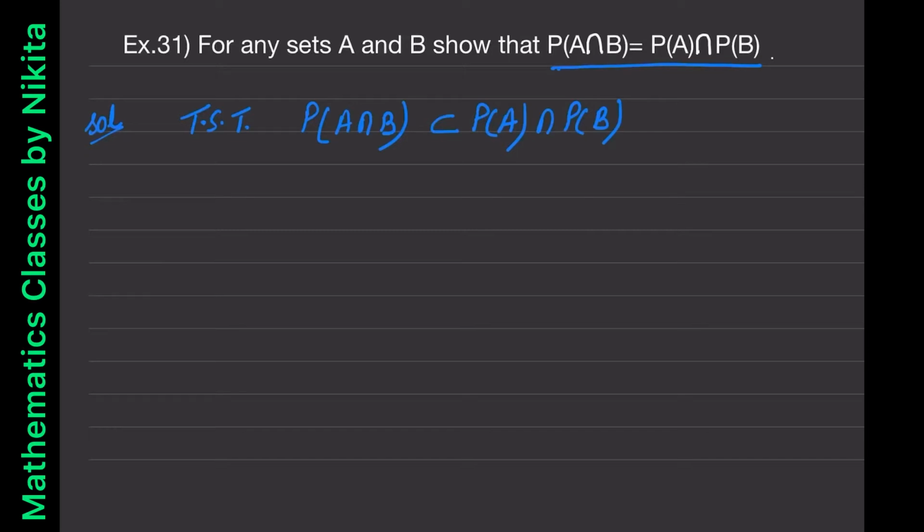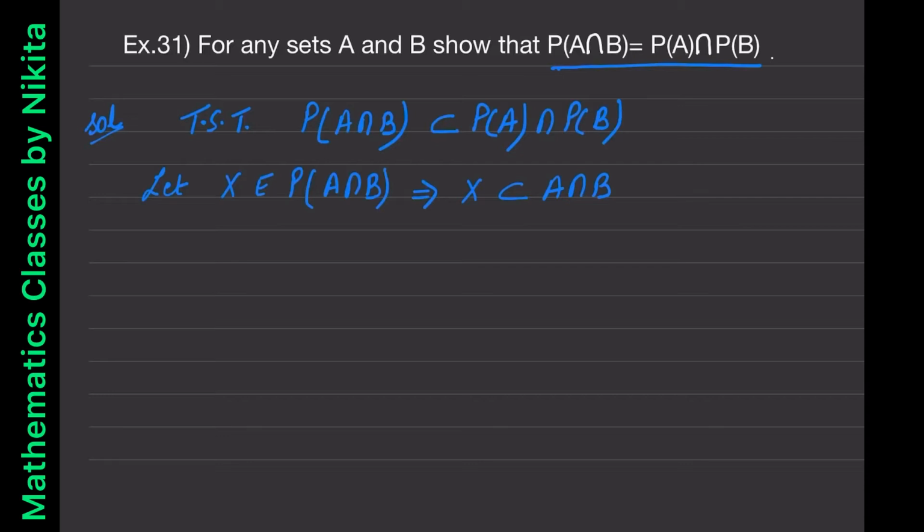So let capital X belong to the power set of A intersection B. This implies that X is a subset of A intersection B.